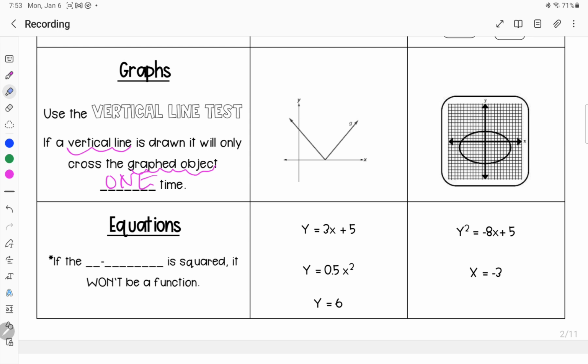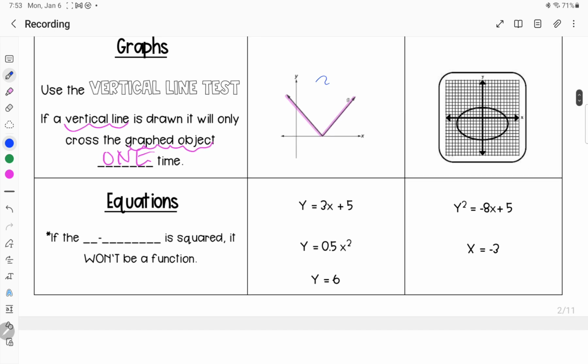So first thing that we need to do is figure out what is actually graphed here. This is the only thing that's graphed in pink. So a vertical line test says you could draw a line. Again, I'm not looking at my y-axis or my x-axis. I'm only looking at this graphed picture here, which I've done in pink.